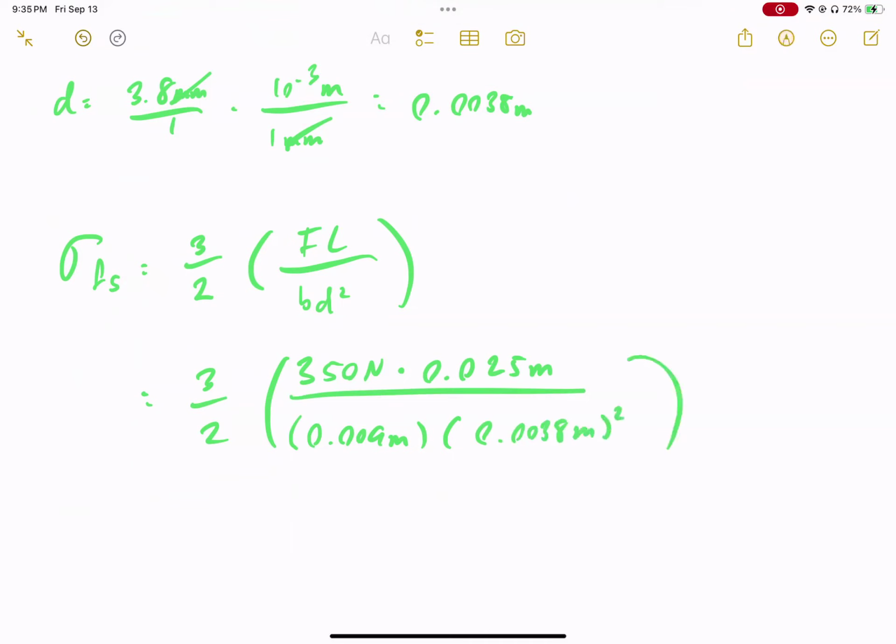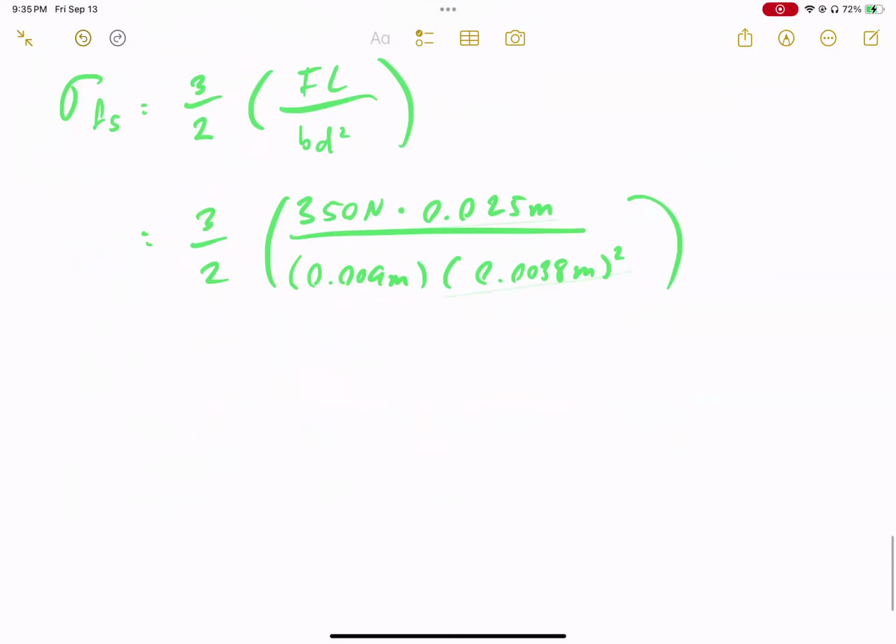And I will get my desired units because if you look over here, was it megapascals? Actually, wait, sorry. Yeah, because megapascals is going to be equivalent to meganewtons over m squared.